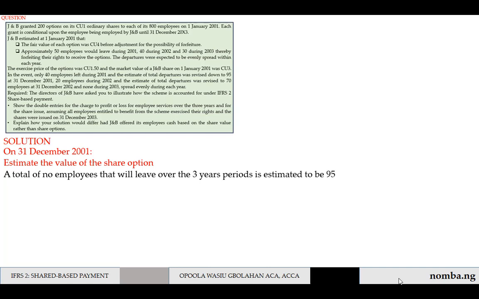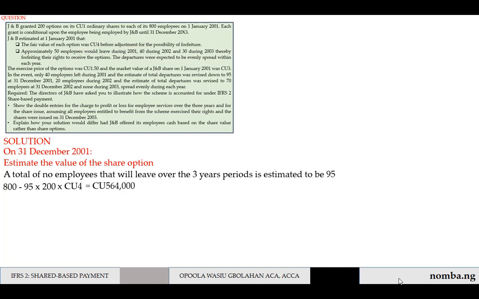So the value of the option at the end of 2001 will be the total number of employees that we have minus the total number of employees that will leave, so that we have the total number of employees that will exercise their option. So 800 minus 95. We multiply this by the number of options per employee, which as given in the question is 200. We multiply it by the fair value of the option, which is 4 currency units.